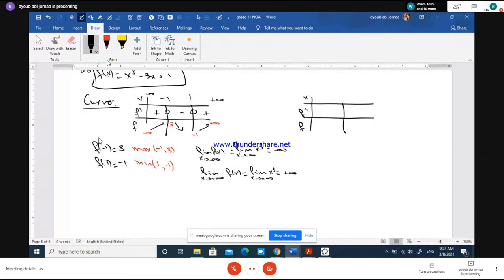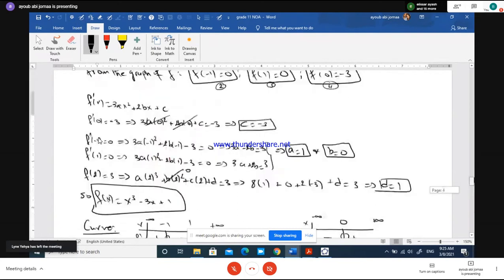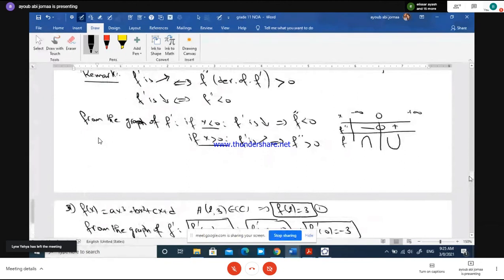From part 2, you have the concavity: negative, positive, here 0. Concave down, concave up. But there, I couldn't find the inflection point because I have to replace x by 0 in the function, and I didn't have the function.